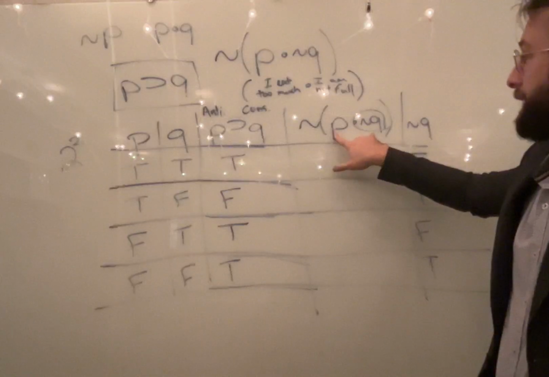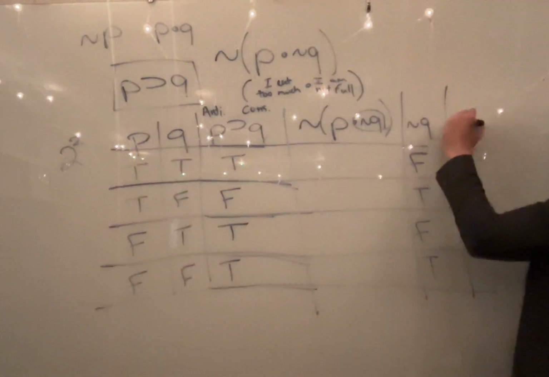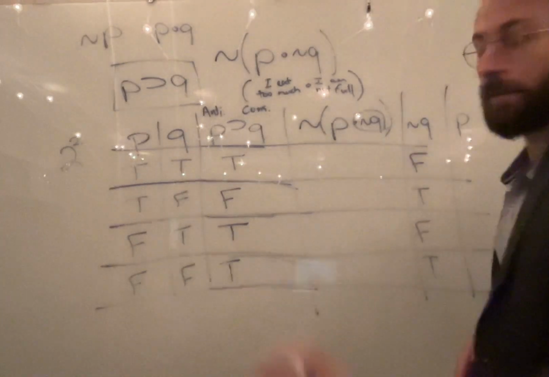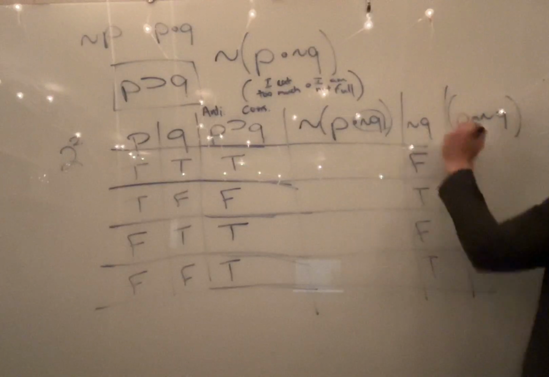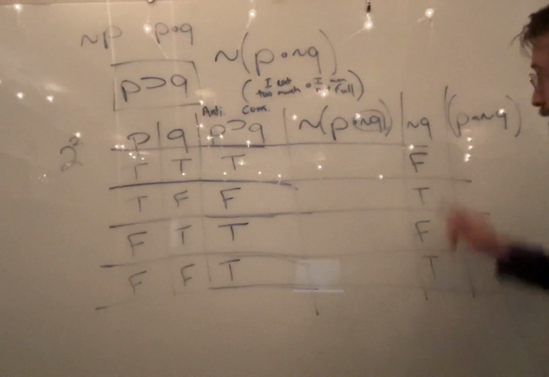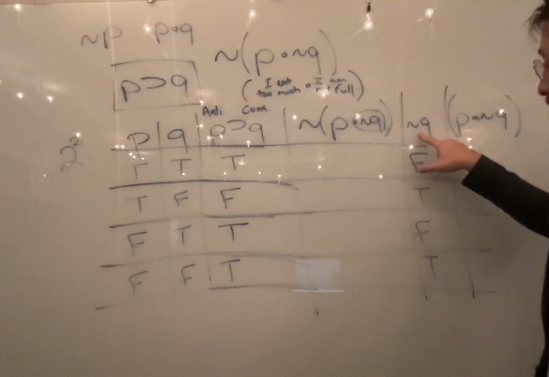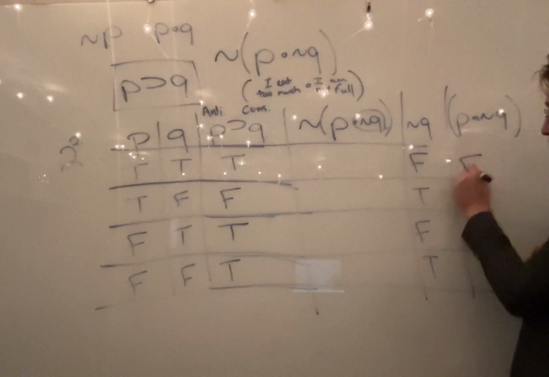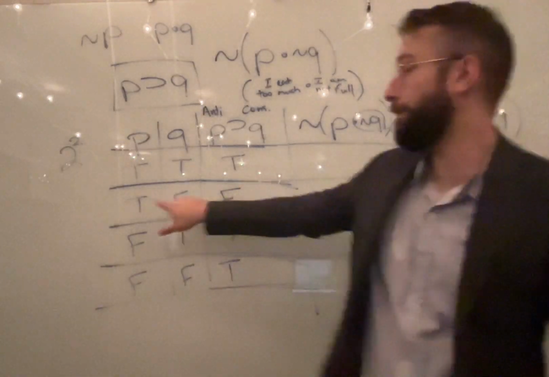Now let's look at the whole proposition: P and not Q. Now we're just adding this not Q, and we're saying that has to be true. So it's automatically going to be false wherever it's false here. And on top of that, the P has to be true.